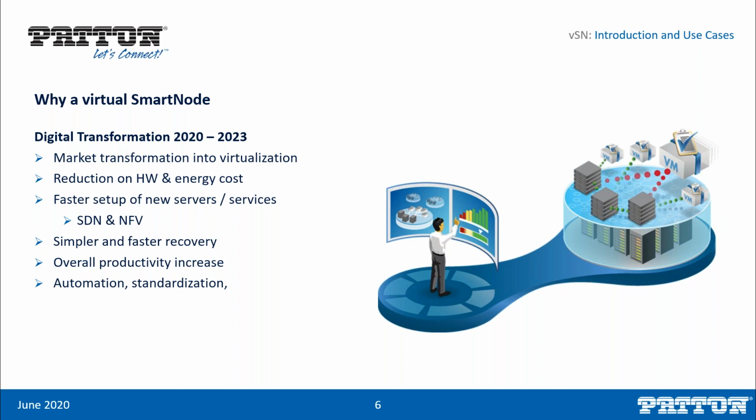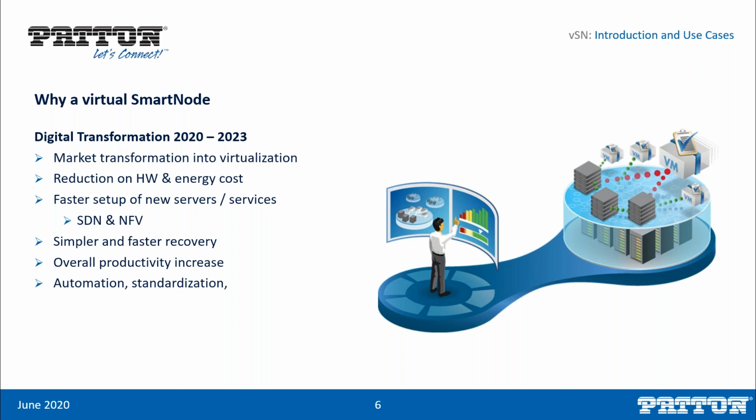And basically, the reasons there are obvious. On one hand, it helps reduce hardware costs. You need less hardware, and still you can grow by adding new services, adding additional virtual servers onto the same hardware, and that also gives you savings on the energy cost side of things.